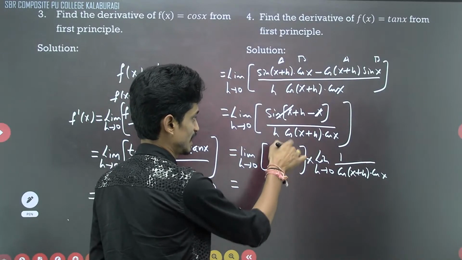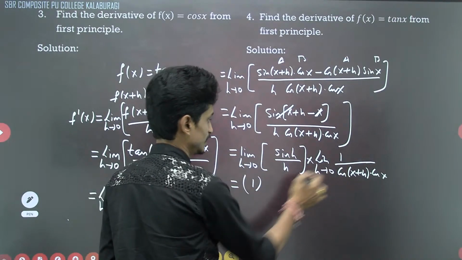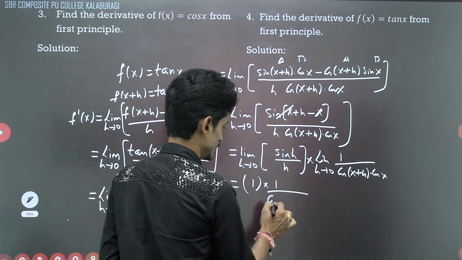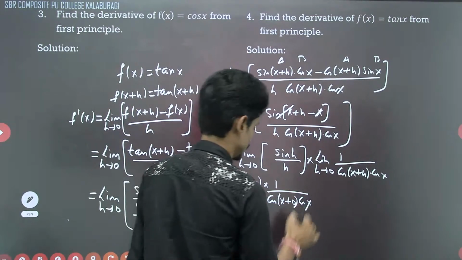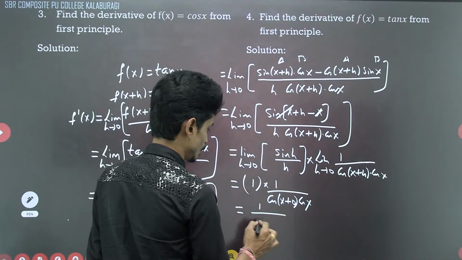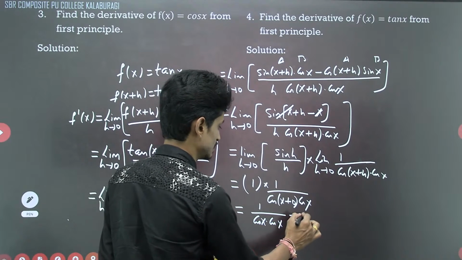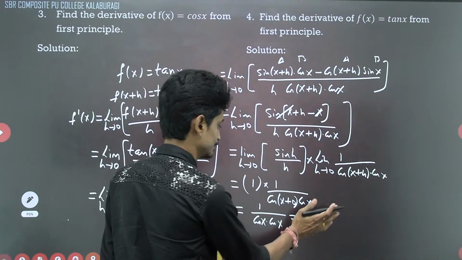Now we have the standard result, sin h by h as h tending to 0 is 1, and the rest is totally free from indeterminate form. We can substitute, that is cos of x plus 0 or cos x. Next, it will be 1 divided by cos x into cos x. Final answer is 1 divided by cos square x.